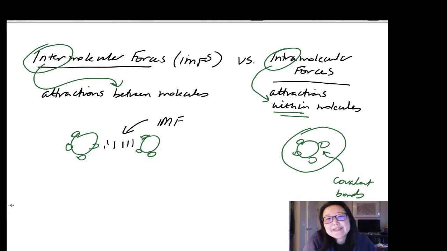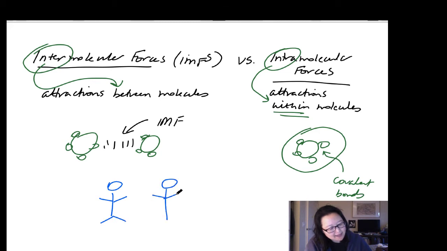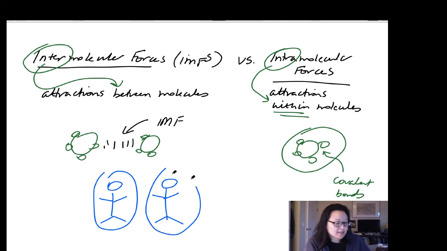So one analogy I have, which I learned from my colleague, Jack Surendranath, was to tell the difference between these two types of forces. You have a person, like draw a stick figure. So here's a person, and here's another person, and they represent molecules. So this one's one molecule, and this one's the other.